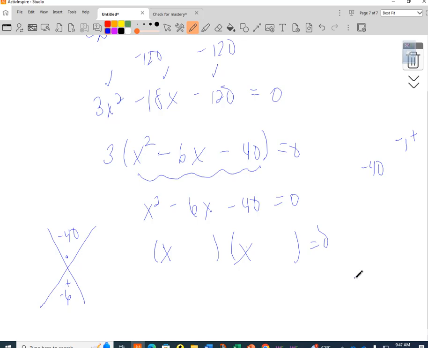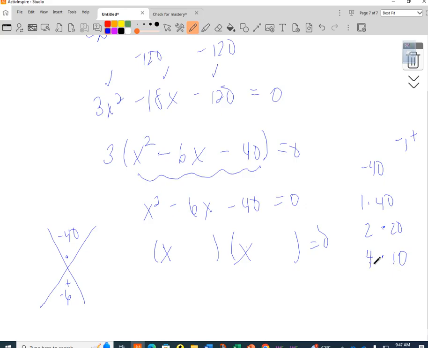One positive, one negative. So 1 times 40, if one is positive and one is negative, 1 minus 40 is negative 39, or vice versa, positive 39. That's no help. 2 times 20 gives us 40, but that's a difference of 18, and I need a difference of 6, negative 6. 3 is not a factor, but 4 and 10 is.